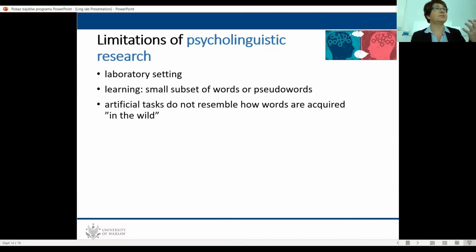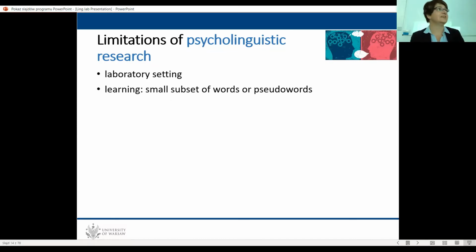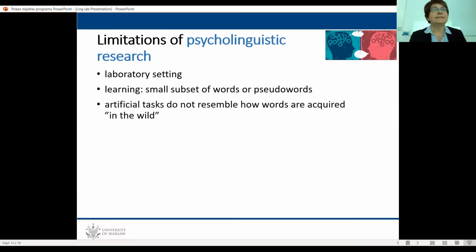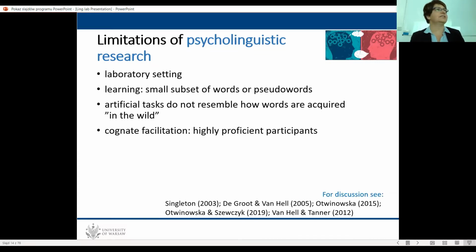Okay, and very often they will also be pseudo words, which are completely different from real-life words. Okay, some of the tasks will be completely artificial, so they may not really show how words are acquired. Okay, and the cognate facilitation has been shown in very highly proficient participants in very many cases, right?